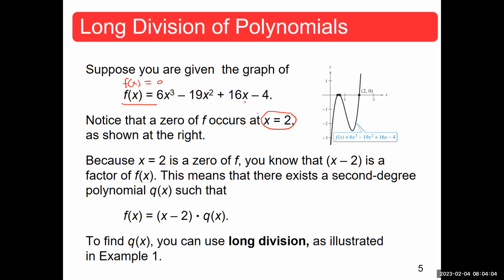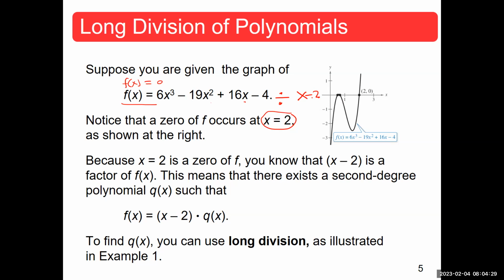And because this equals 0 at x equals 2, then I can divide the entire polynomial or equation by x minus 2.